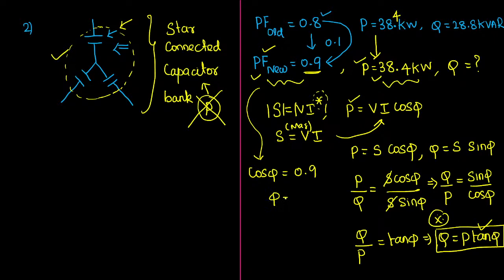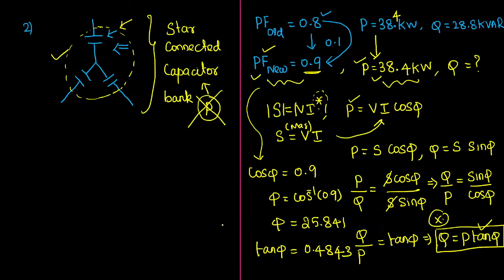From this, the value of phi is cos inverse of 0.9. So from this, I can calculate the new power factor angle. If you take the cos inverse of 0.9, you'll come up with 25.841. This is the value of phi. So if you estimate the value of tan of this angle, tan of 25.841, you'll come up with 0.484.